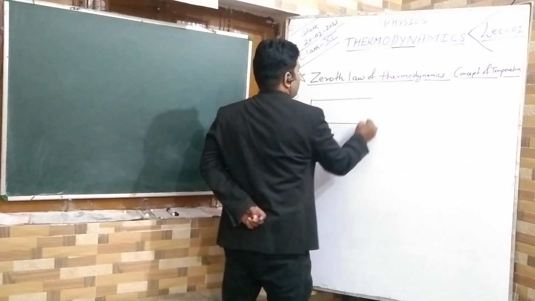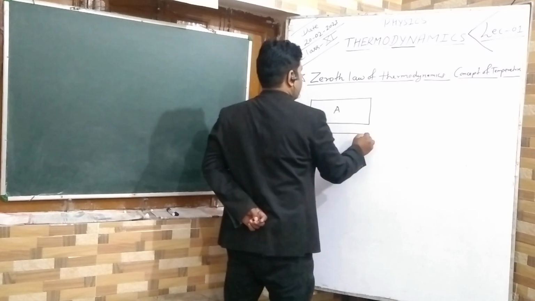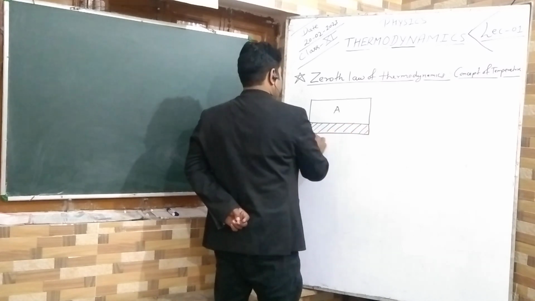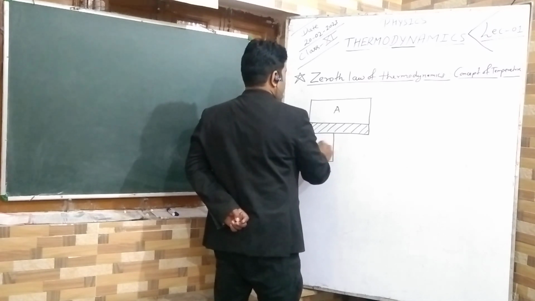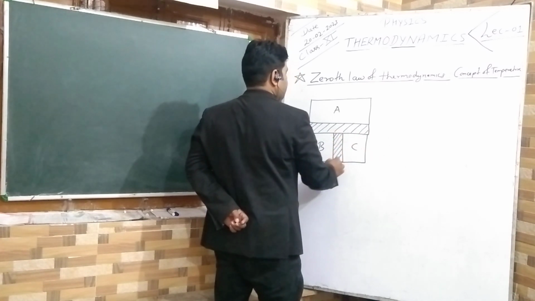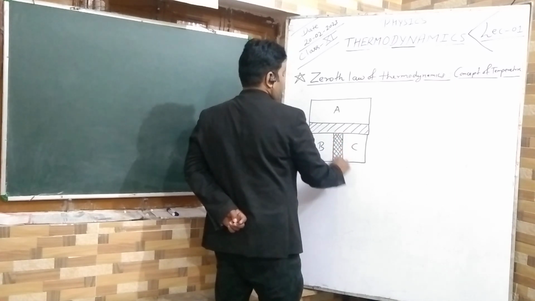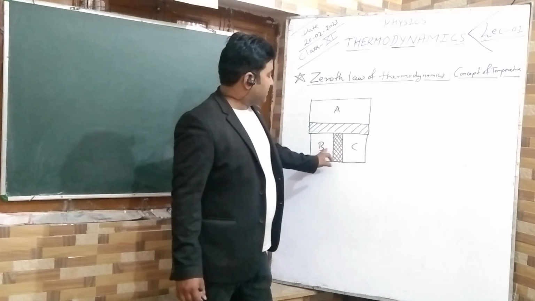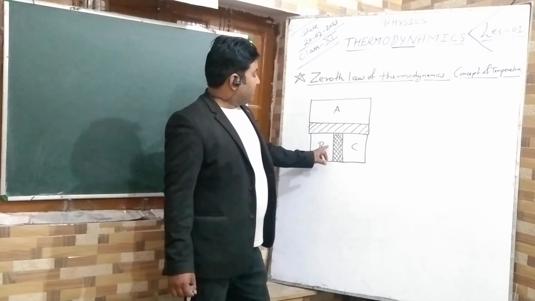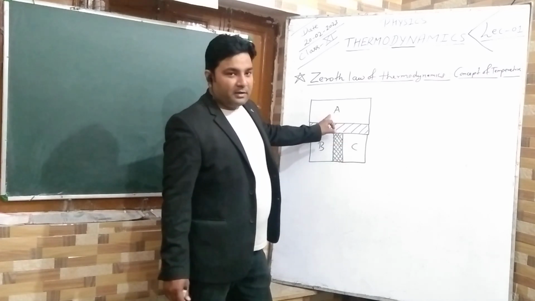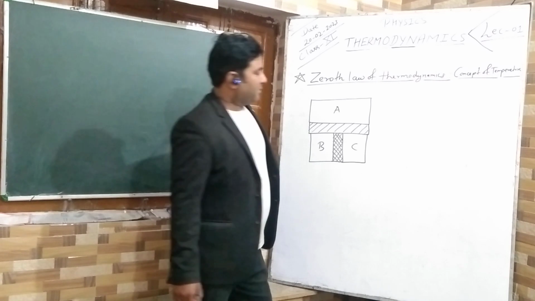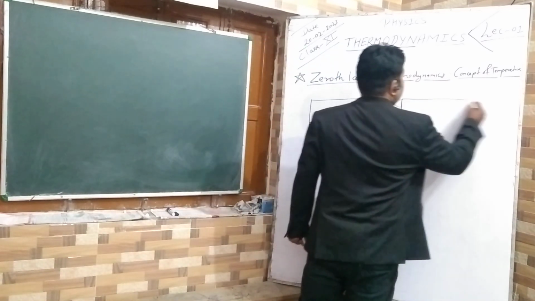One condition: body A connected with two bodies, body B and body C. The condition was that B and C are separated from each other by an adiabatic wall, but B and C are connected through A with the help of a diathermic wall. Just see what will happen.